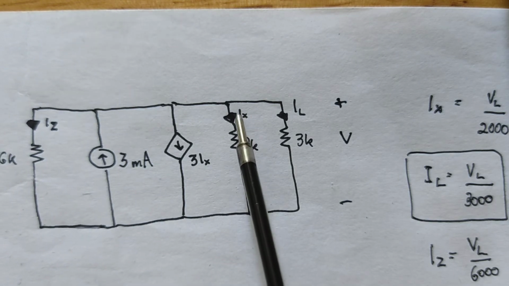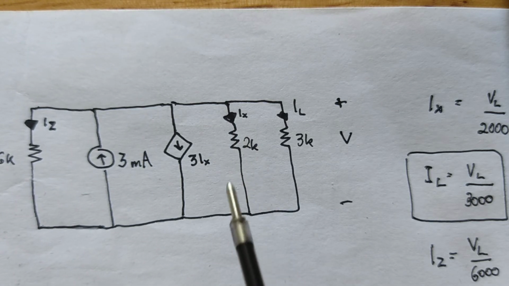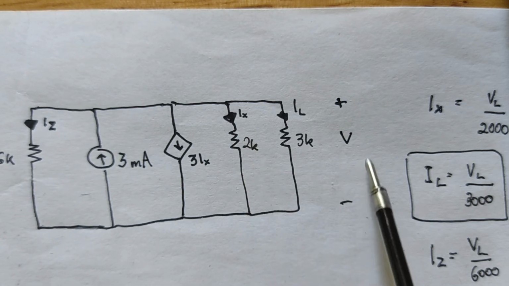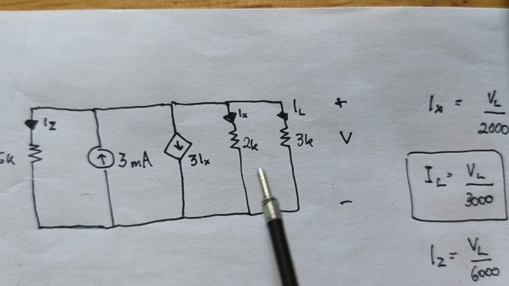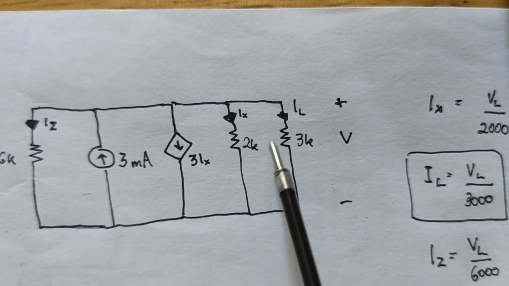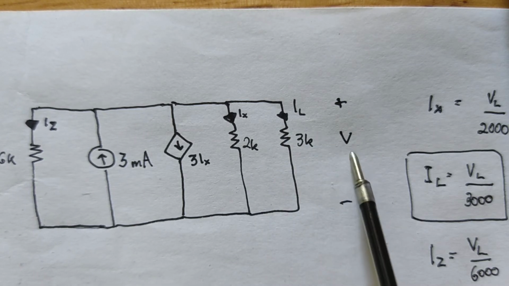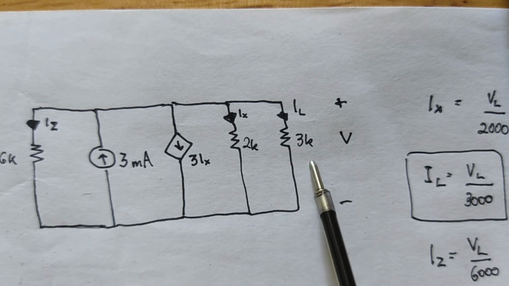Using Ohm's law, Ix would be equal to VL over 2000. Then for IL, it would be VL over 3000.